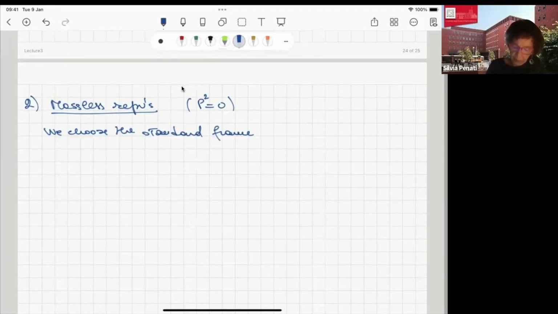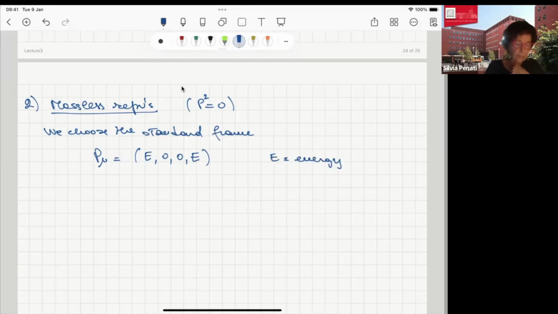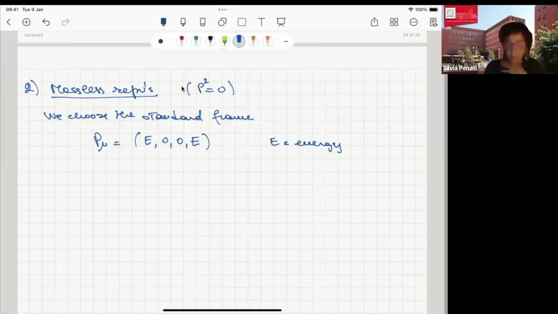Okay, the standard frame is P mu given by (E, 0, 0, E), where E is the energy of the particle. So if I use this P mu, let's see what happens in this case when I compute the anti-commutator of Q Q bar.